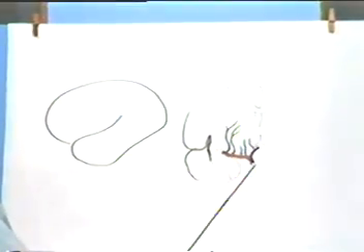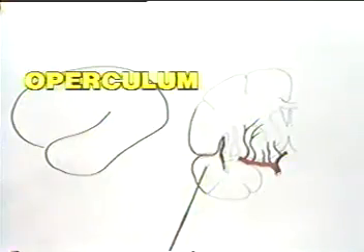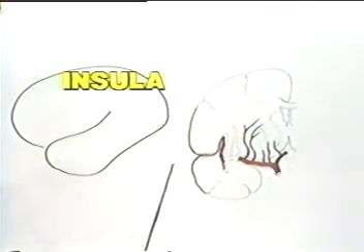And it will appear here. Here you see a cross-section through the cerebral hemisphere. This is part of the temporal lobe. Here is the rest of the hemisphere. And here are the opercula coming up, covering the insula here in the depths of the lateral fissure.